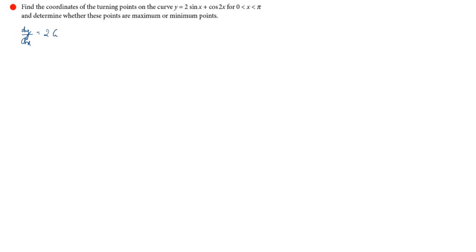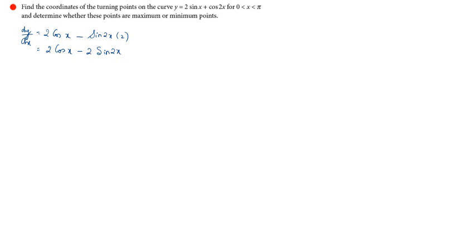dy by dx is equal to 2 cos x minus sine 2x into 2, or we can write this as 2 cos x minus 2 sine 2x.